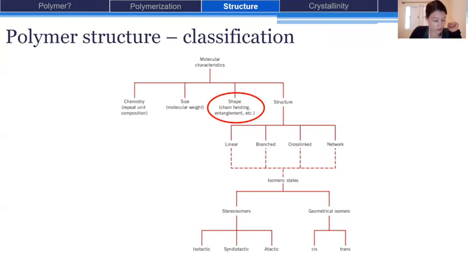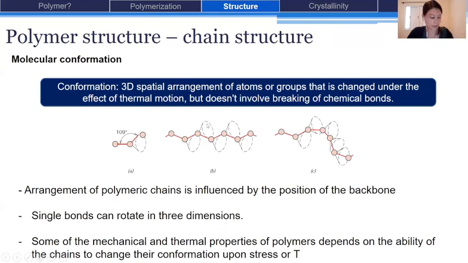Now let's talk about the shape or molecular conformation. So the polymeric chains should not be considered as straight. In fact, the chain bonds can rotate and bend in 3 dimensions. So let's see the first scheme, number A, which represents 3 atoms of carbon.